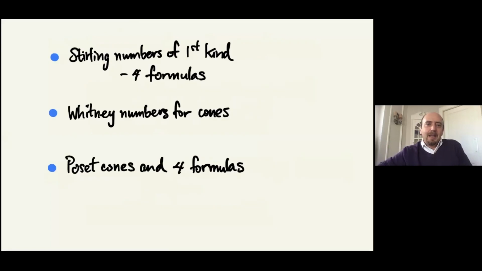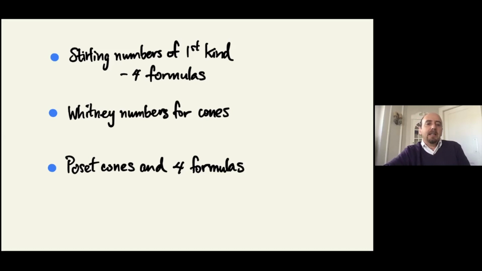So what I'm going to be telling you about is something that's generalizing Stirling numbers of the first kind. When I say Whitney numbers, I always will be meaning Whitney numbers of the first kind. I'll start by reminding you of 4 formulas for the Stirling numbers of the first kind.